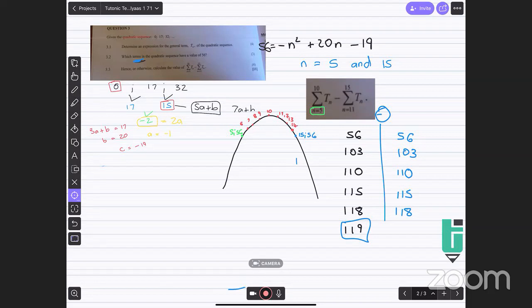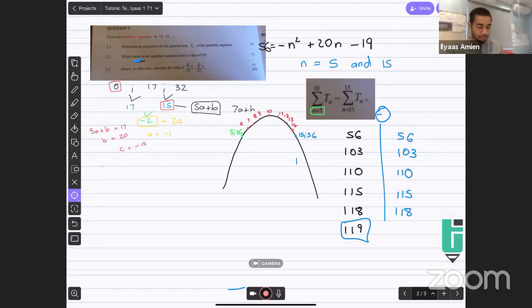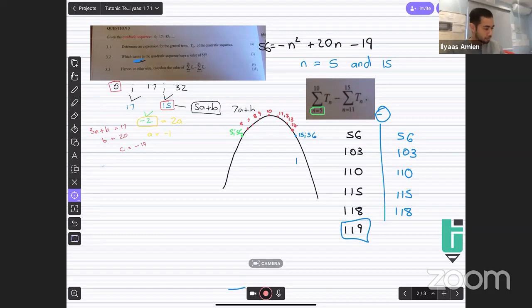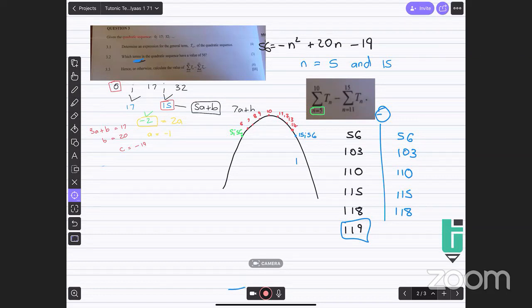I subbed it in again. So 6 squared minus 6 squared plus 20 times 6 plus 19. Put in brackets. Isn't it minus 19? It's not plus 19. At the end, it's minus 19. I put minus 19. Oh, no, it's my error. Minus 19, not plus 19. Yeah, it is 65.